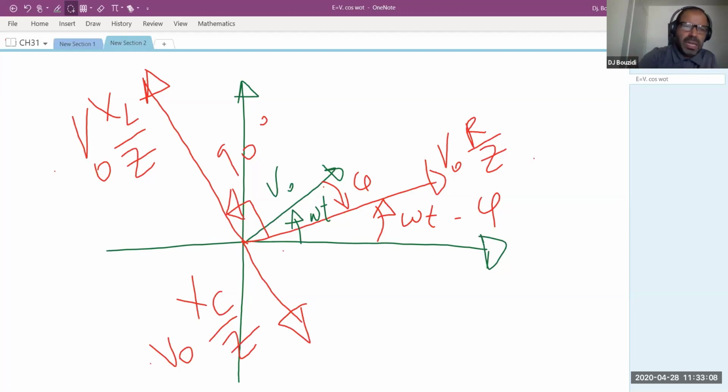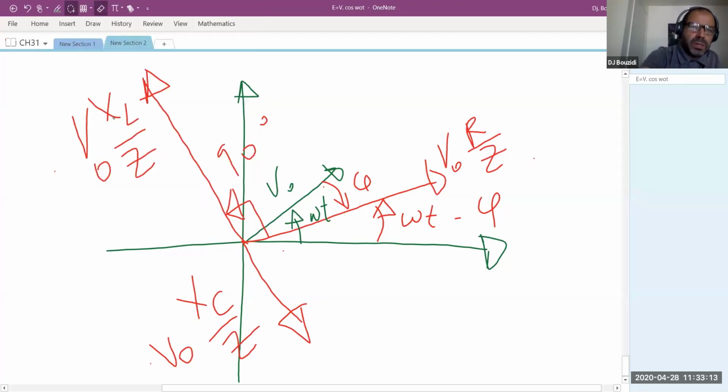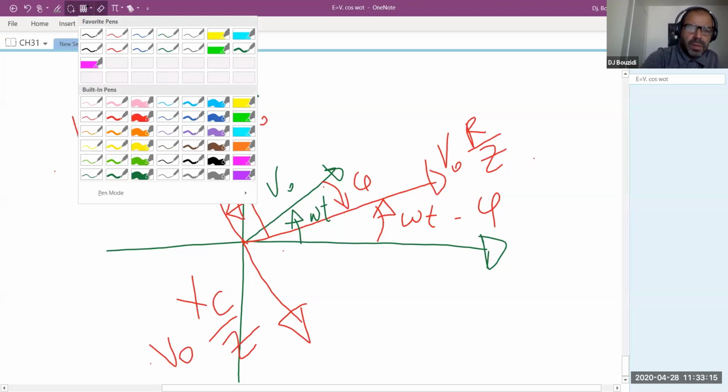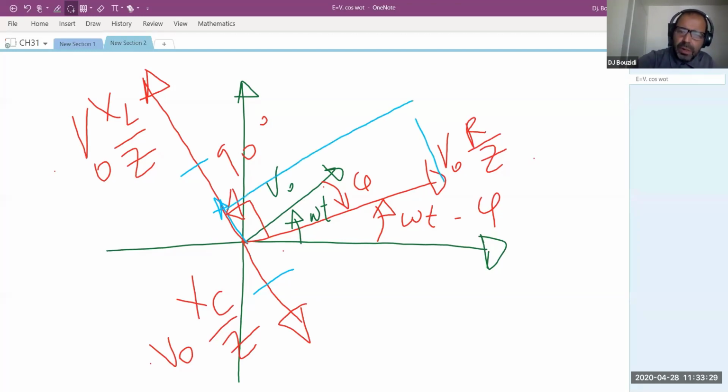So basically, take this quantity and subtract them from one another. You probably will find this much. And then add them to this number. And this is the sum. This is actually V naught.